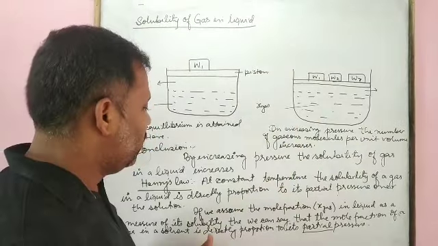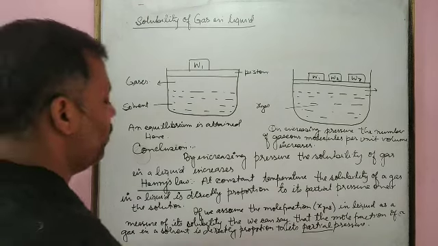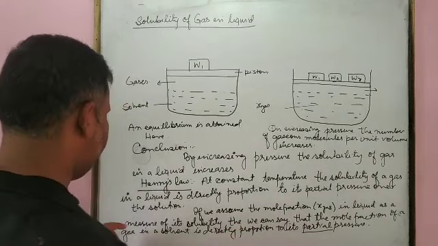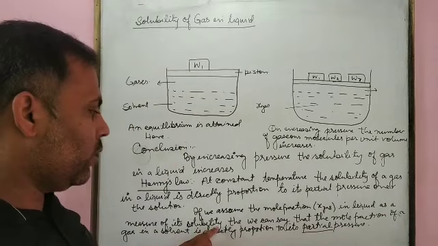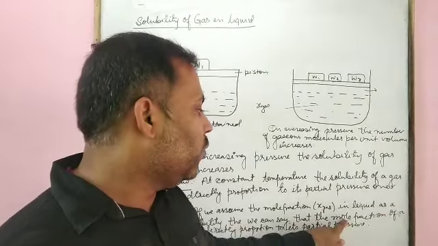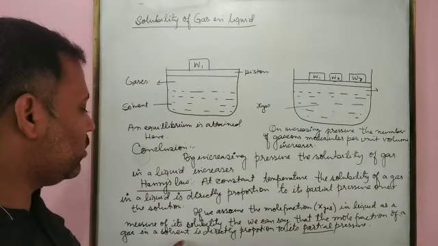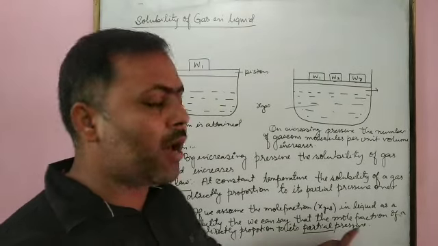It will depend only on the pressure due to oxygen. What do we conclude? We conclude that the mole fraction of a gas is a measure of its solubility, and the mole fraction of a gas in a solvent is directly proportional to its partial pressure.